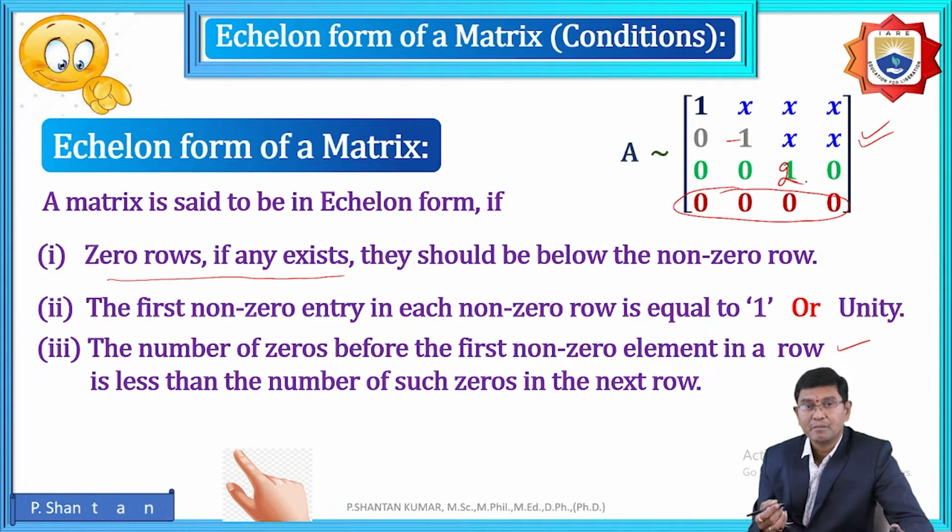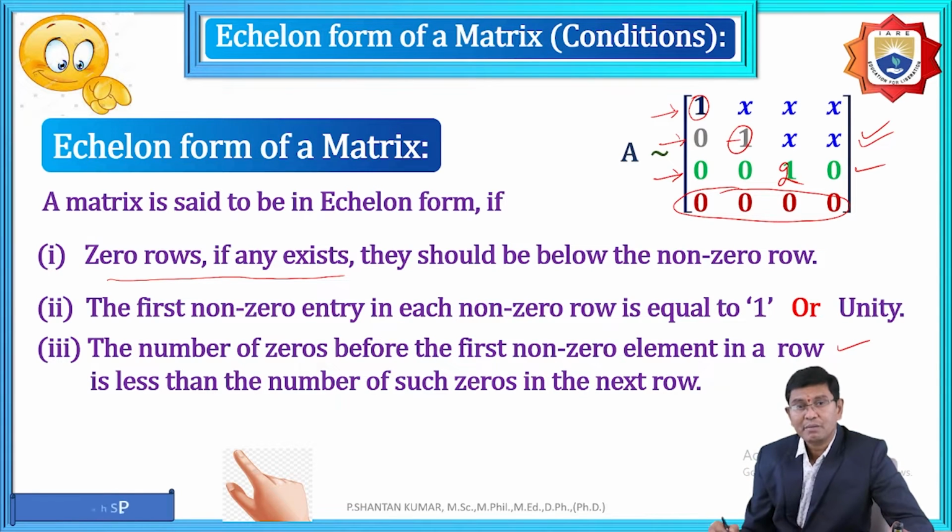that is a unity. And here the third condition is, while we are observing these three non-zero rows, the first one, second one and third one, that before the non-zero number, for example, the number of zeros is two in the first row, in the second row the zeros are one, and in the third row there are no zeros.